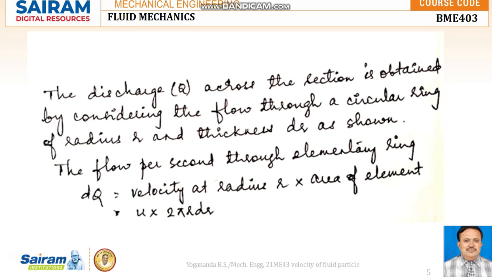We know that discharge Q is the product of area and velocity. The area of the element is 2 pi r dr, and the velocity at radius r is u.